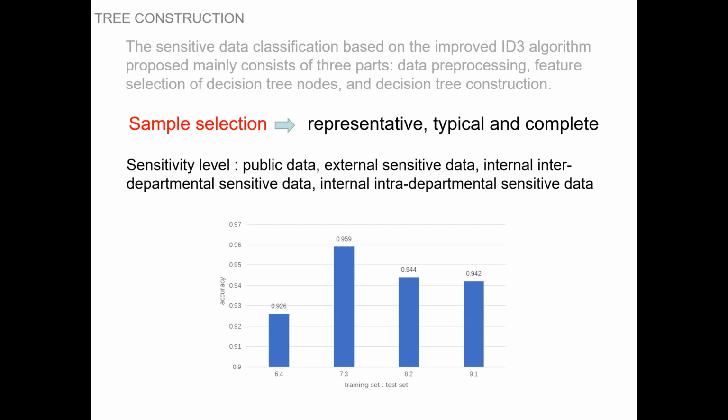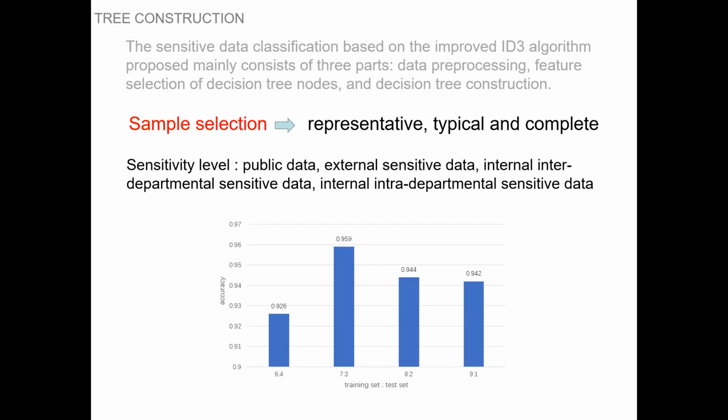In order to improve the classification accuracy, the data sets are divided into training set and test set according to the ratio of 9:1, 8:2, 7:3, and 6:4, respectively. The training set is used to complete the construction of the decision tree, and the test set is used to test the performance of the constructed decision tree.